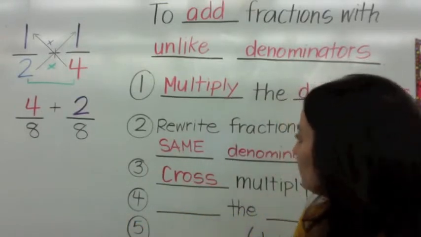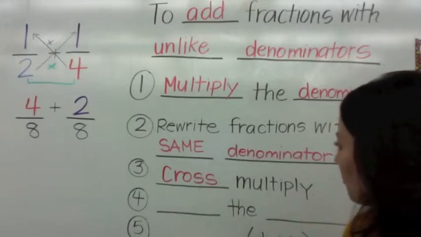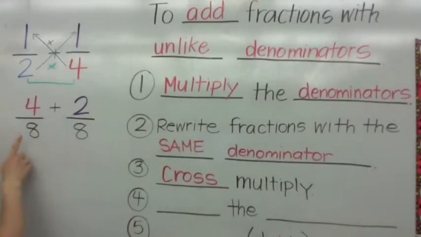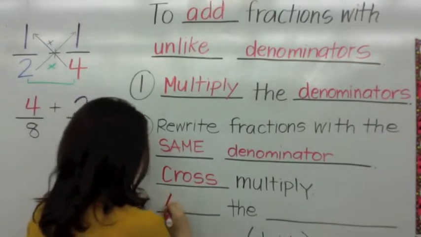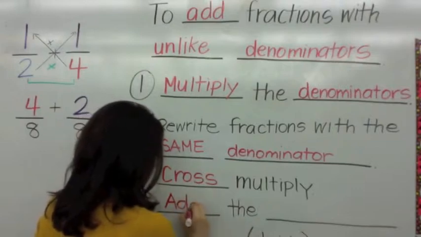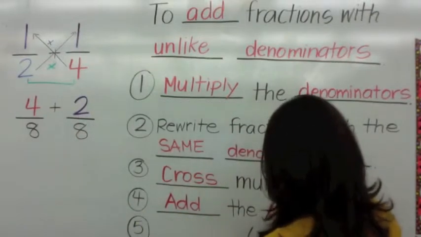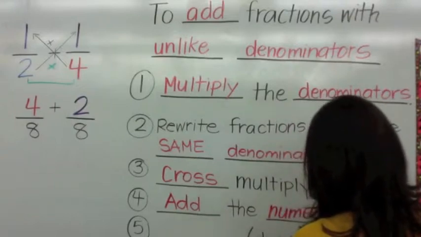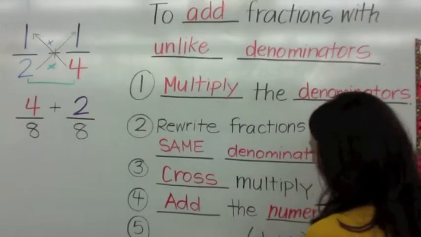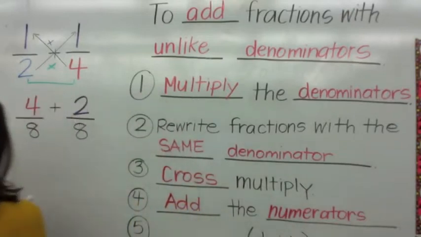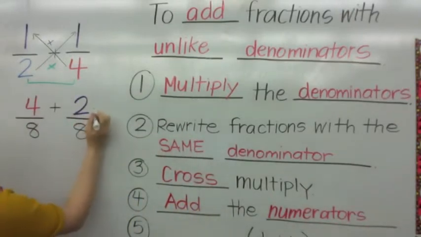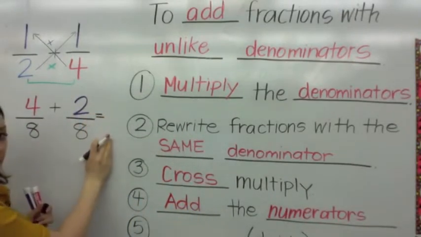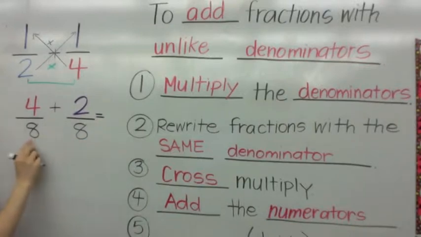So now what you can do is, if the denominators are the same, you can go ahead and add the numerators, which are the numbers on the top. So if you add the numerators, remember, you're going to get the same denominator.